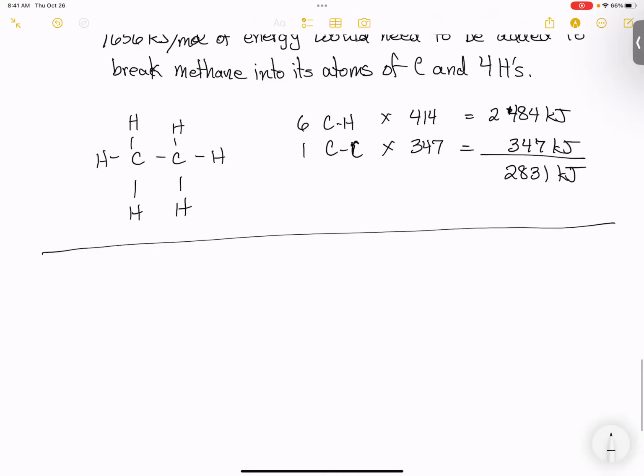Okay, so now we're going to get into bond polarity. And to get into bond polarity, you have to understand electronegativity.